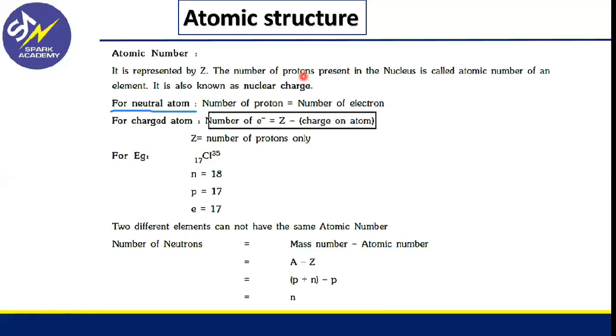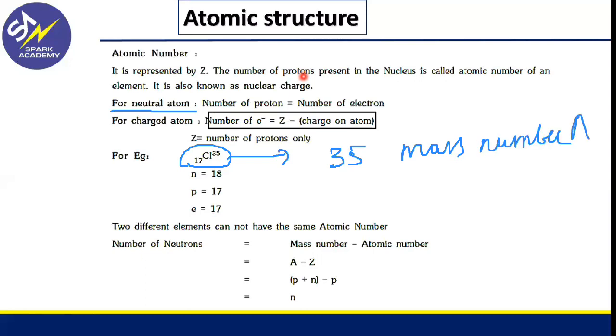If I say this is the formula, 17Cl35, this is how it is represented. That means 35 is the mass number, which is represented by A. Now 17 represents the atomic number, which is represented by Z. Z is equal to the number of protons, so the number of protons is 17.